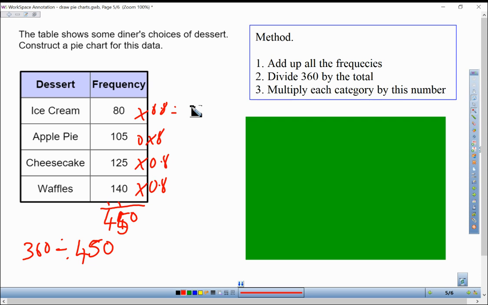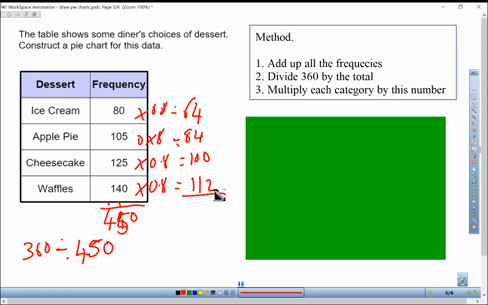Obviously you can use a calculator if you wish. 64, 84, that's 100, that's 112.